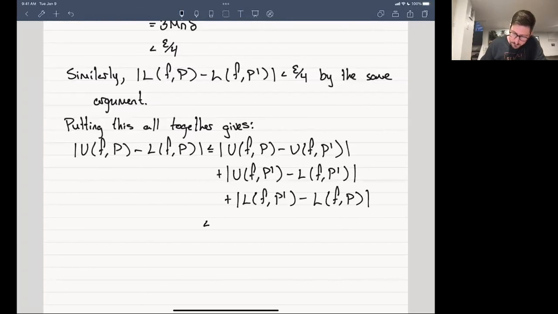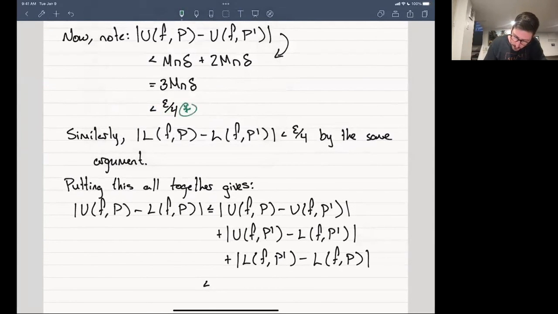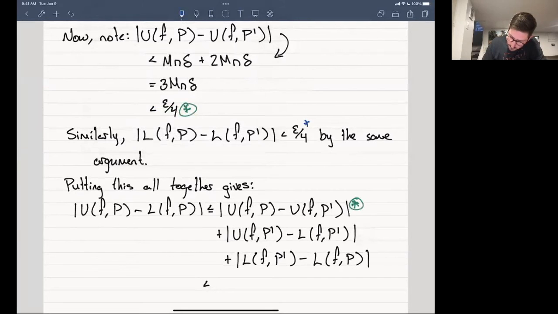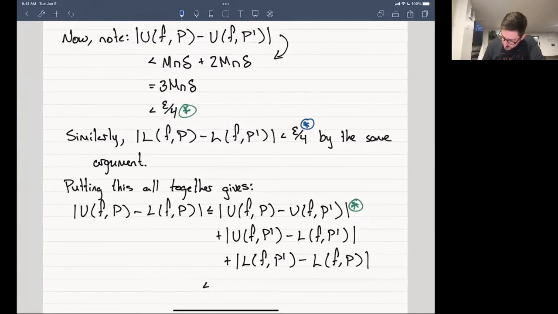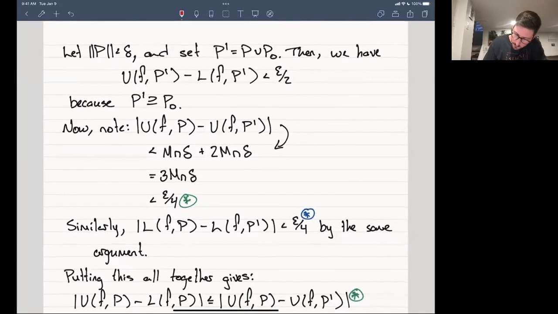I know, so if I just draw an asterisk here, that is this piece right here. Similarly, this piece with the lower sums, that's the last piece of my inequality. And this one right here is coming from this piece right here because P prime contains P.